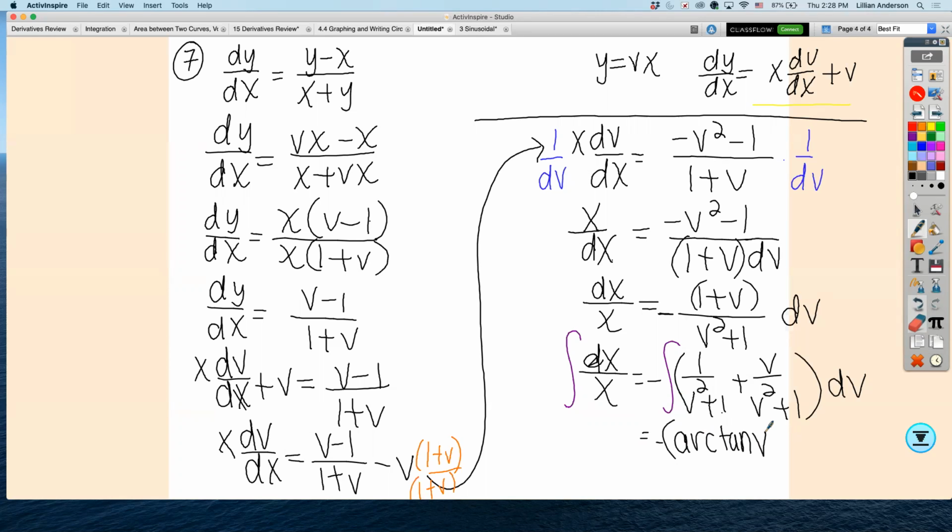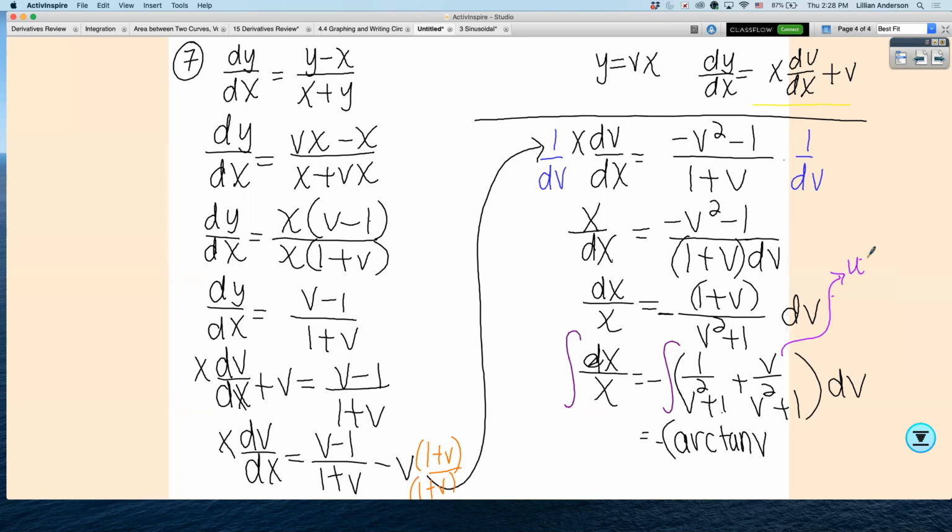Then for this part, we're going to do a little bit of u-substitution. So we'll make u equal v squared plus 1. That would make du equal 2v dv. This becomes 1/2 du equals v dv.